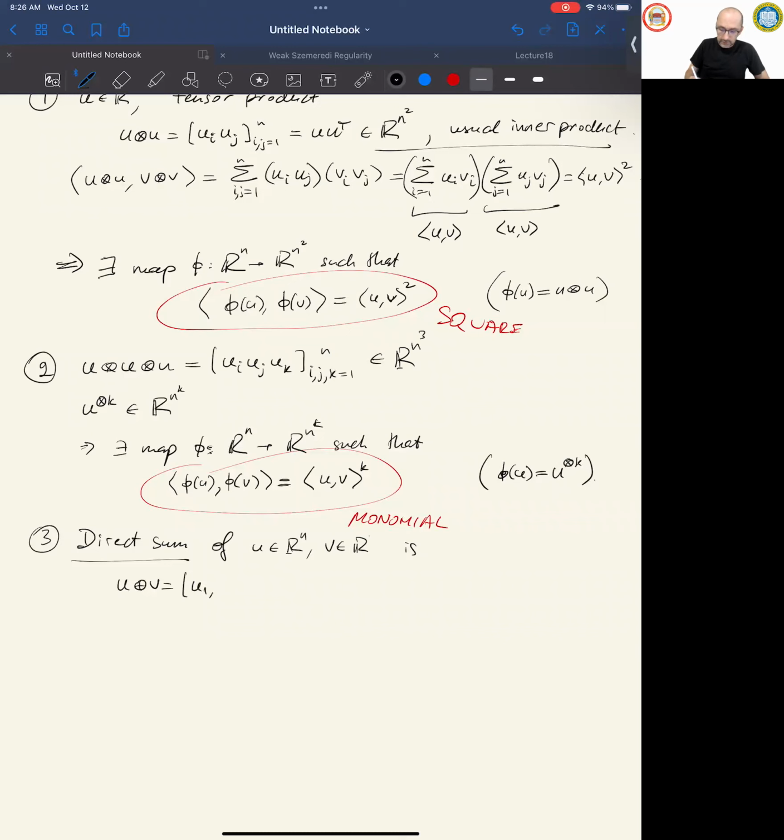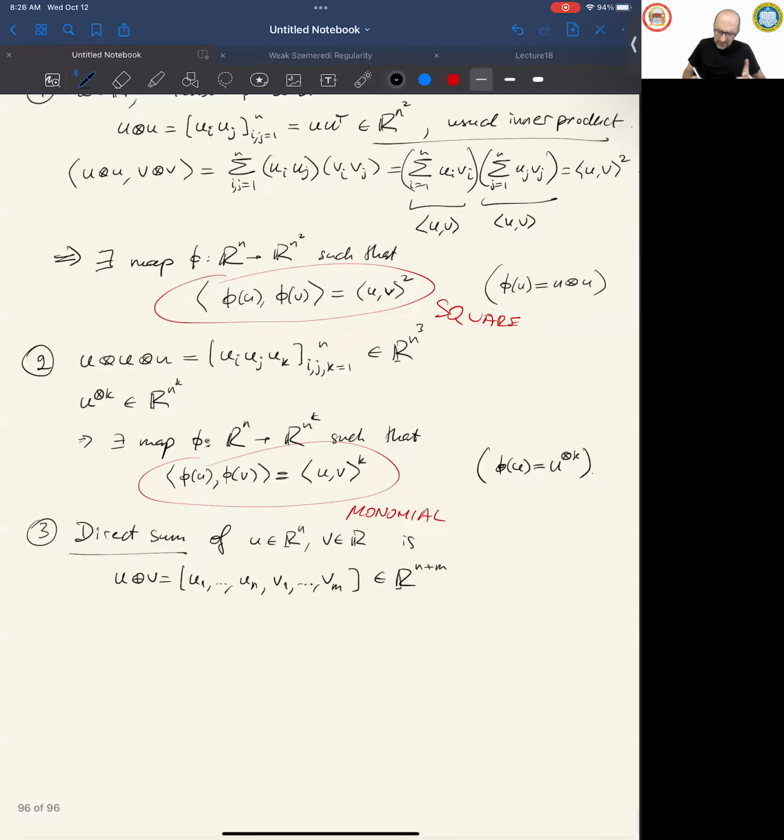So you first list the coordinates of u, and then you list the coordinates of v. The concatenation of these 2 strings. It lives obviously in dimension R^(n+m). And you can do a similar job for different vectors and so on and so forth. Many direct sums. Good.